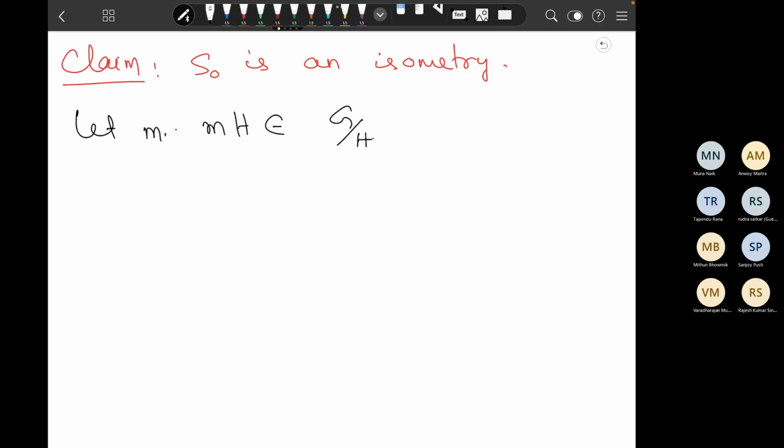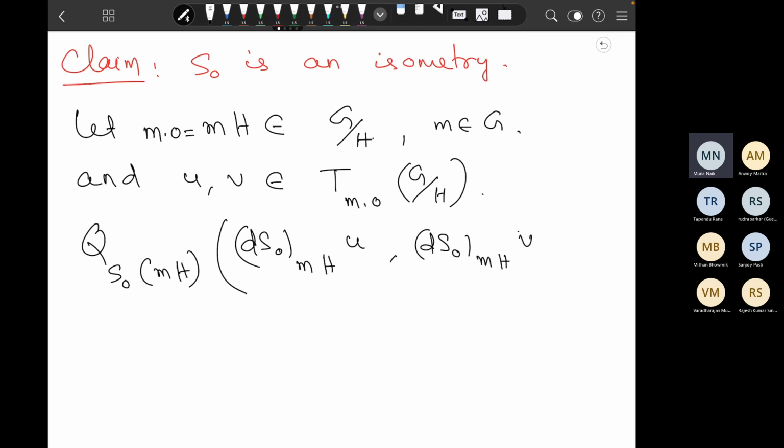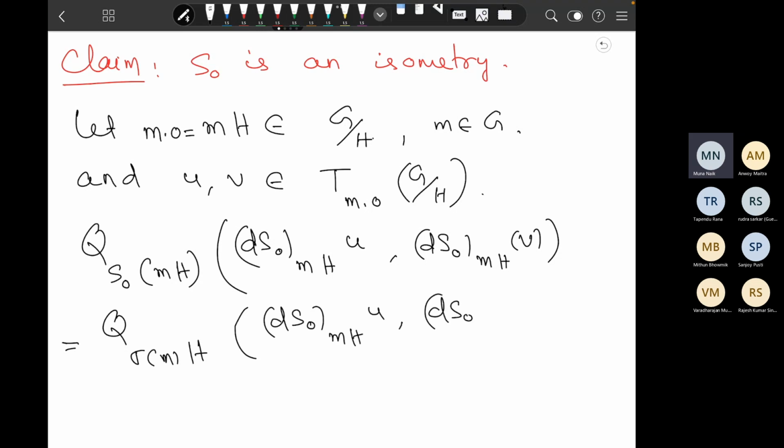This is really M dot O, where M belongs to G, and let U, V belong to T of M dot O, G mod S. So let us see Q of S naught MS. Q of S naught MS is, with S naught MS equal to sigma MH, really Q of dS naught MS U, dS naught MS V.